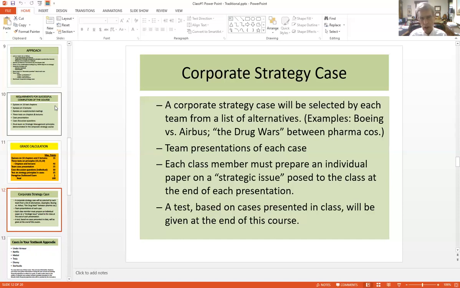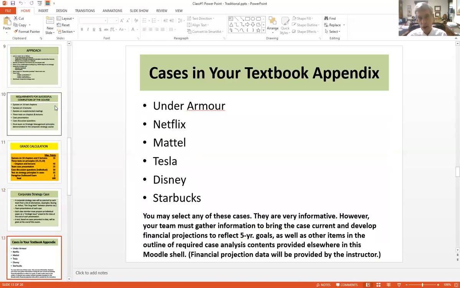And as I said earlier, after each presentation, I'm going to try to pick out a strategic issue that we can discuss and that you can write a short answer about. Okay, and then the final exam will be based on these cases. So your textbook has several cases in the appendix at the back, and these are good cases.